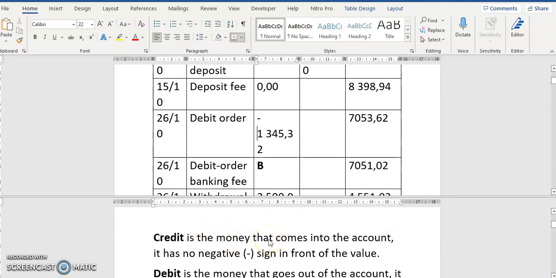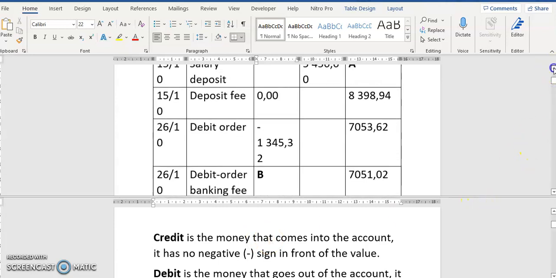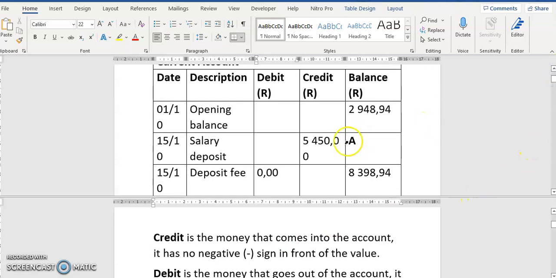So every money that comes into your account is credit. So this money came into the person's account, salary is a credit. Then it has no negative sign in front of the value.